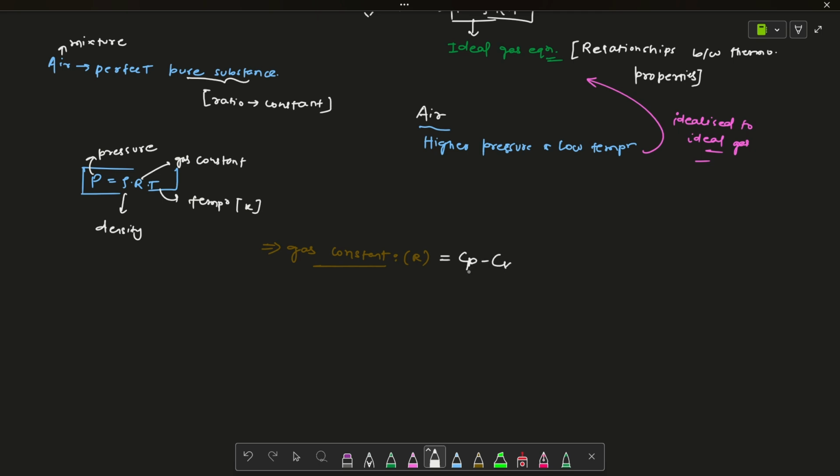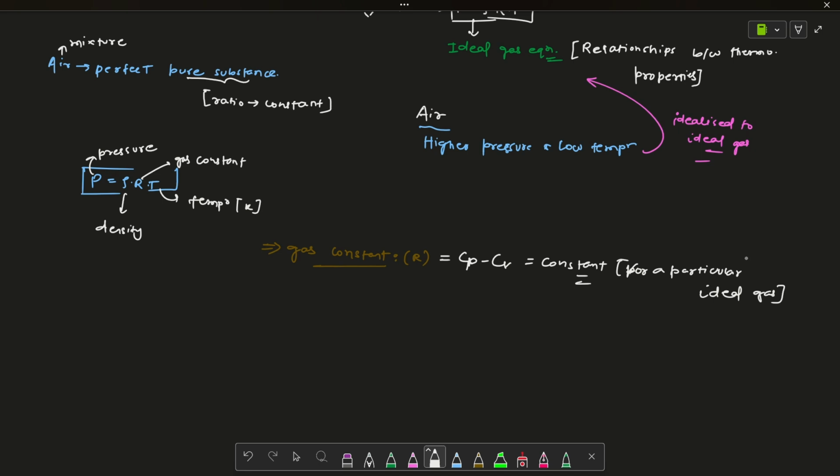All of you know that Cp is the specific heat capacity at constant pressure and Cv is the specific heat capacity at constant volume. Its name specifies that the value will always be constant for a particular gas. Remember, it is for a particular ideal gas actually. We can't define this for any non-ideal gases or non-perfect gas.